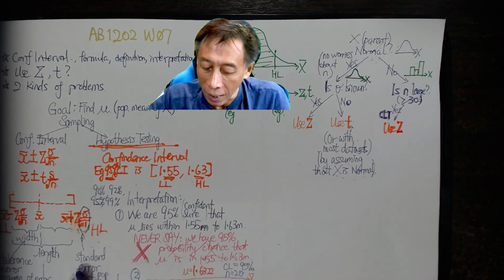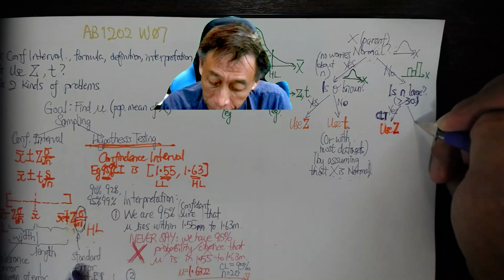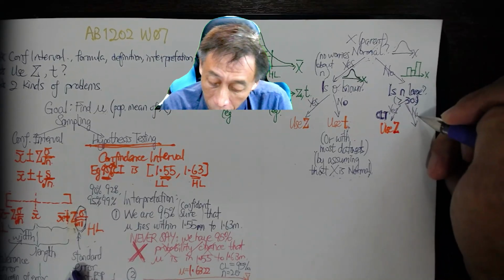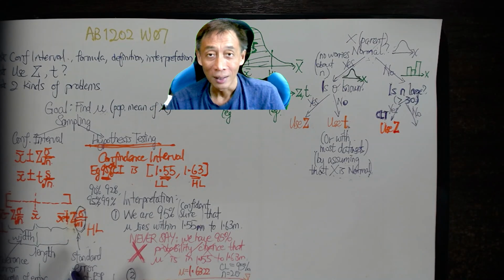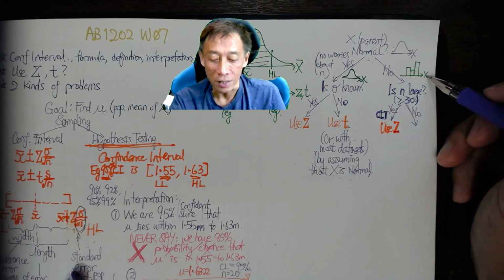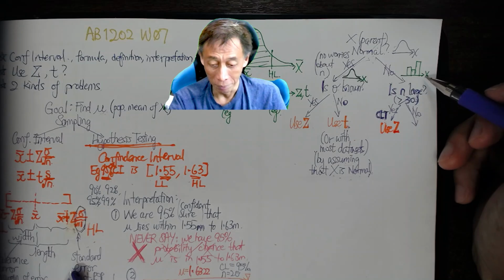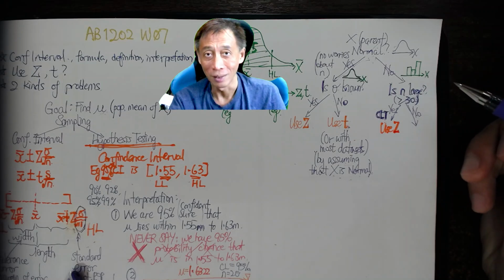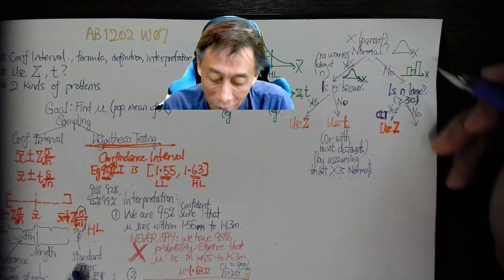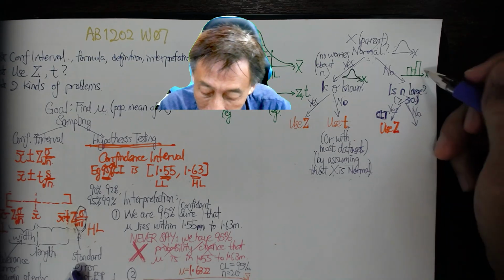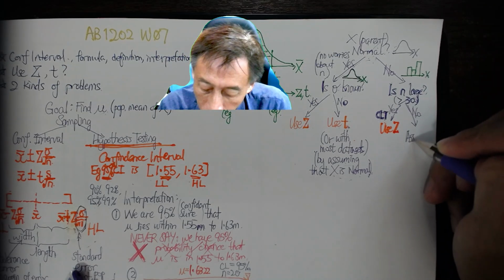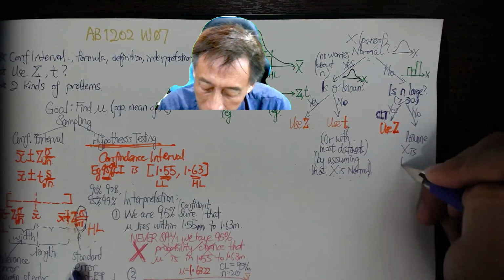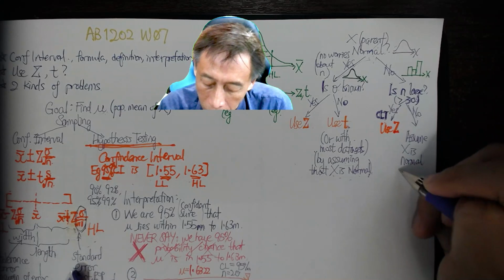Okay, and when n is not large, what happens? N is smallish, like 10. And we know that X is not normally distributed. If we were told, then we are dead, right? So basically, the question cannot tell you that X is not normally distributed. So assume X is normal if possible.